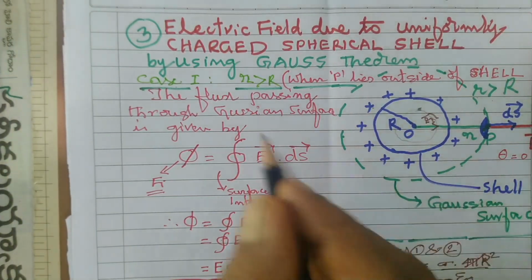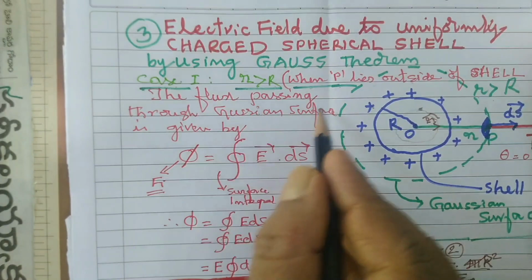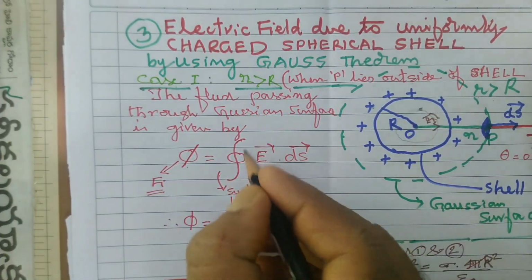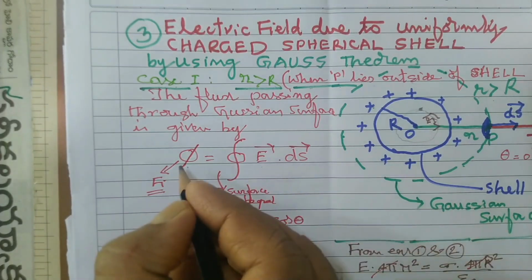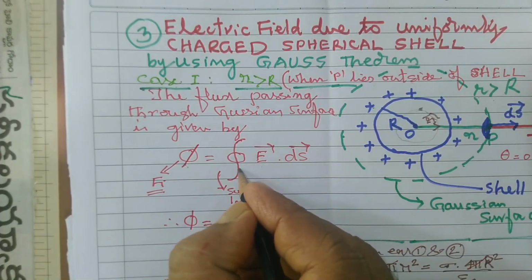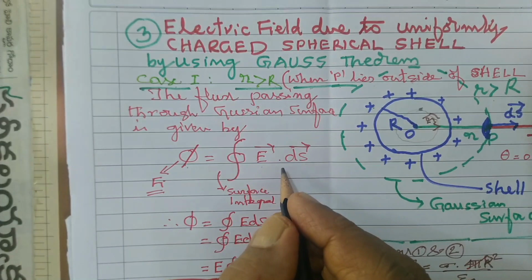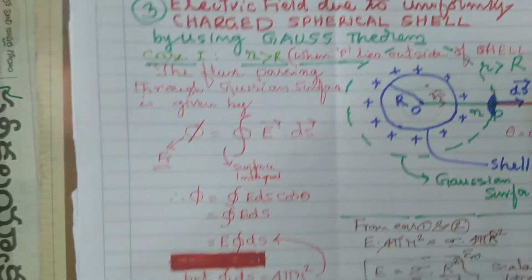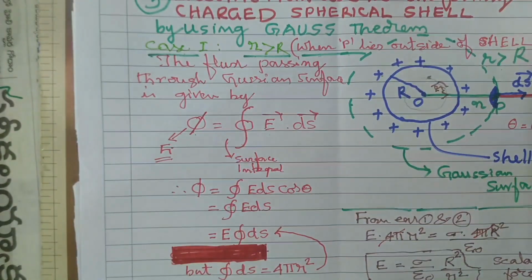Diagram already I explained. Now, flux passing through the Gaussian surface is given by phi is equal to surface integral E dot ds. This surface integral is from the definition of the electric flux which you have taken. See the difference between these two symbols very carefully.